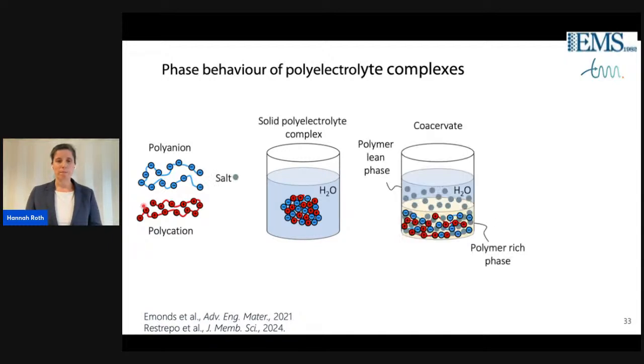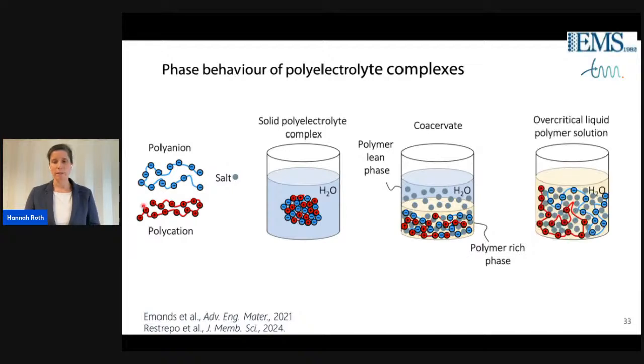However, when adding salt to this solution, you can dissolve these polyelectrolytes. When you have enough salt to screen the charges of the polyelectrolytes, you can get a homogeneous polymer solution.